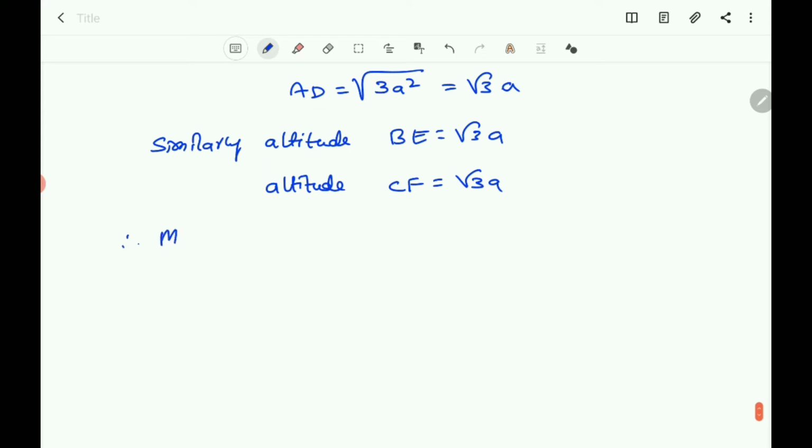Therefore, the measurement of each altitude is equal to root 3 A.